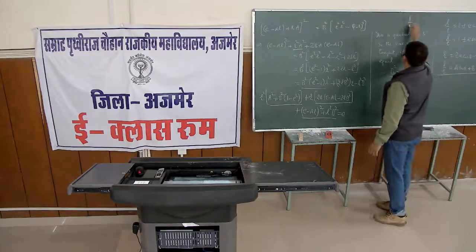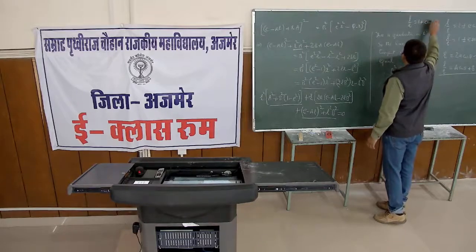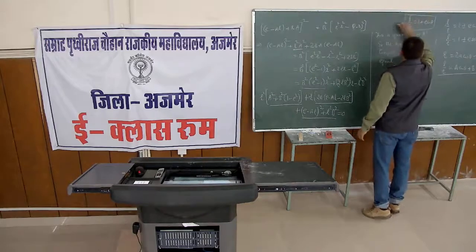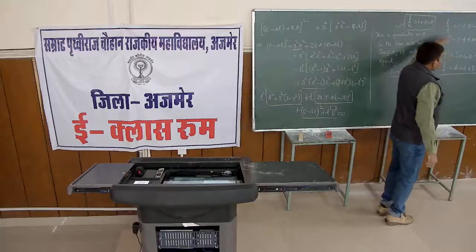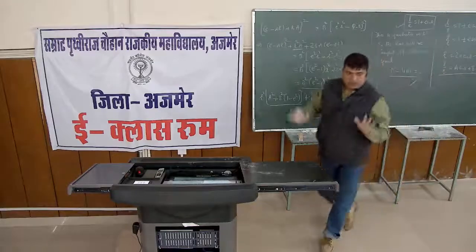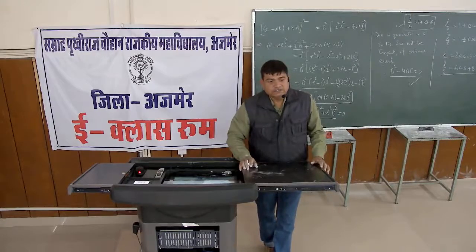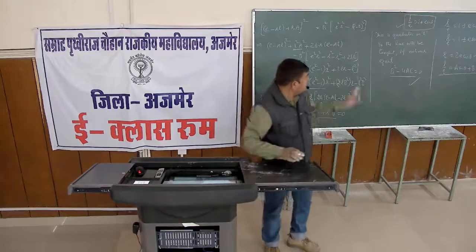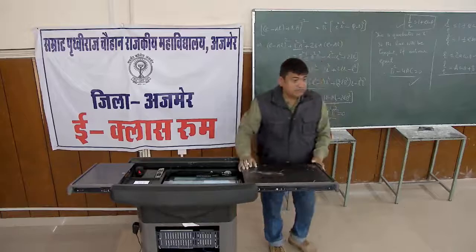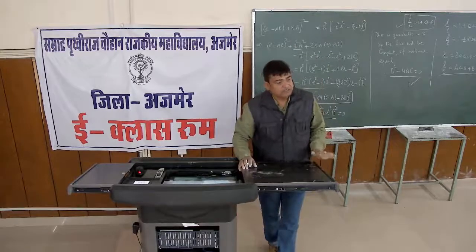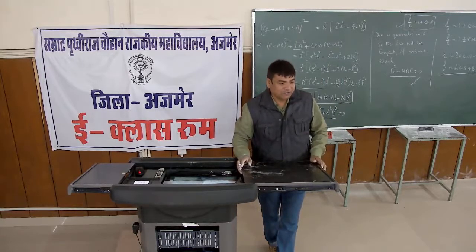Generally, we consider 1 plus e cos theta. But remember, these are also the equation of conic. Okay, so if instead of cos theta, we have sin theta, then it doesn't mean that it is not the equation of conic. This is also the equation of conic.